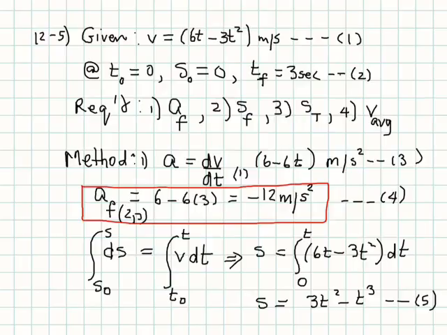You note here, how did I get equation number 5? If I go to the preceding equation, you will note that I have integrated this term. When I integrate 6t, I get 6t squared over 2, and that is what resulted in the value 3t squared.